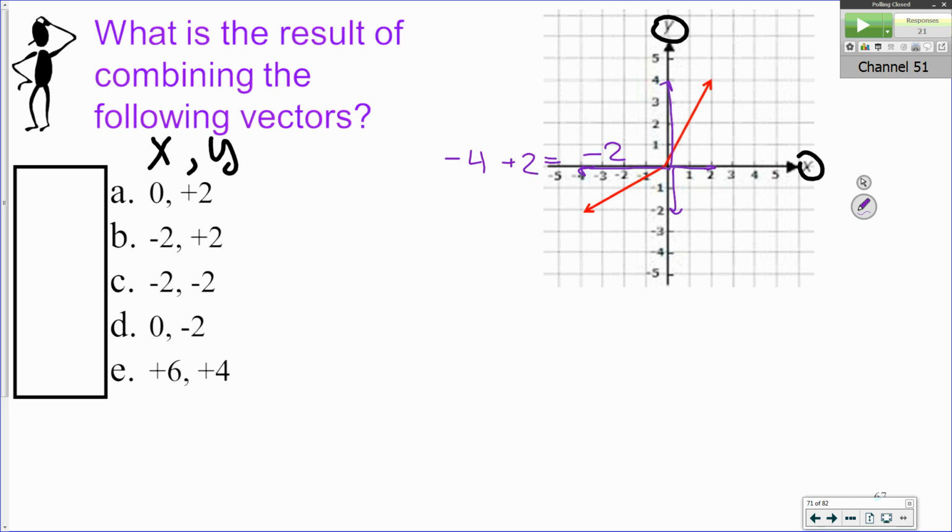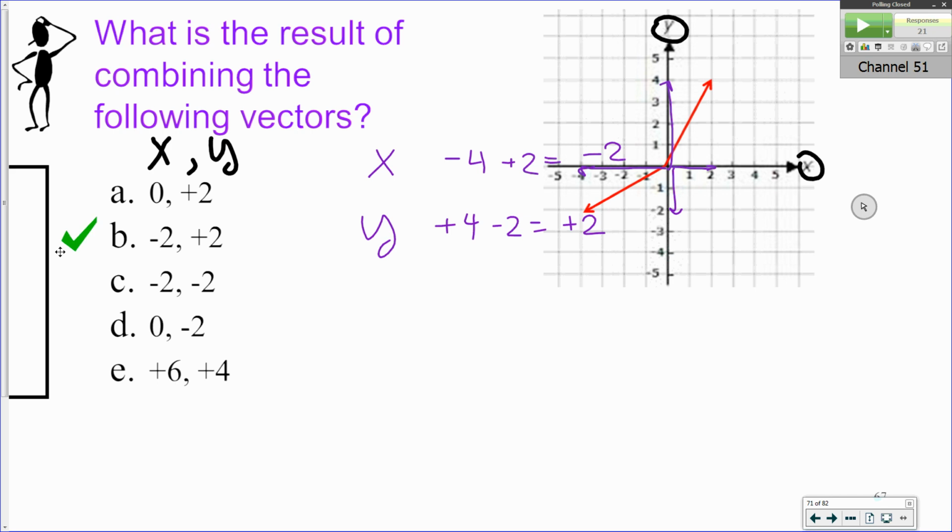So I'm expecting the X value to be -2. All right, and if I go to the Y component, I've got a +4 and a -2. So I'm expecting the Y component to be -2. So it looks like it should probably be choice B.